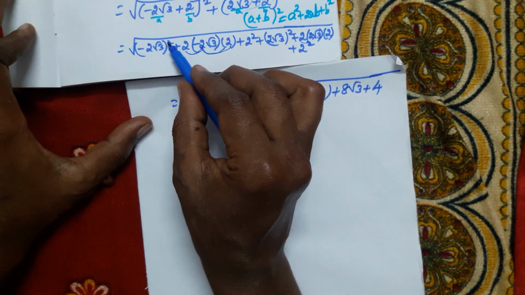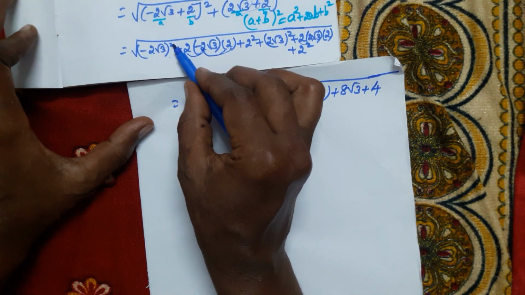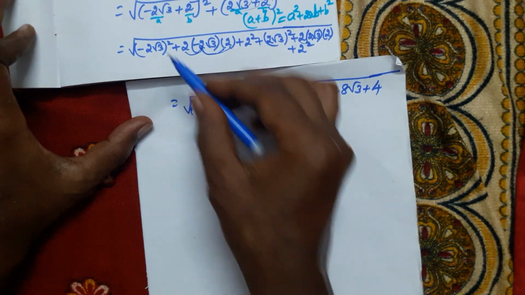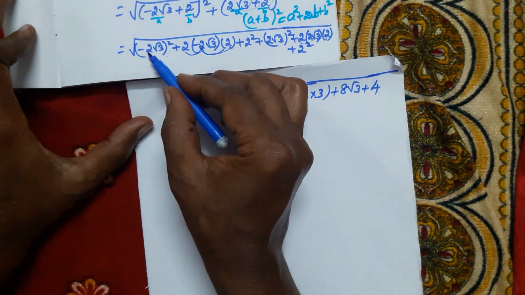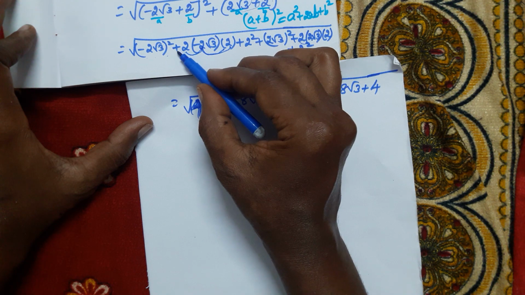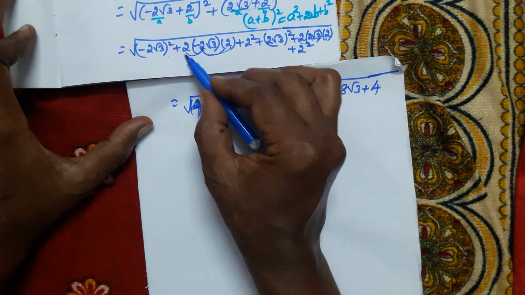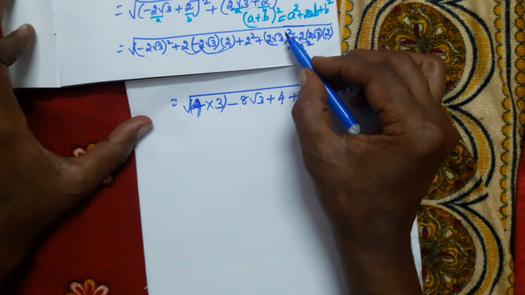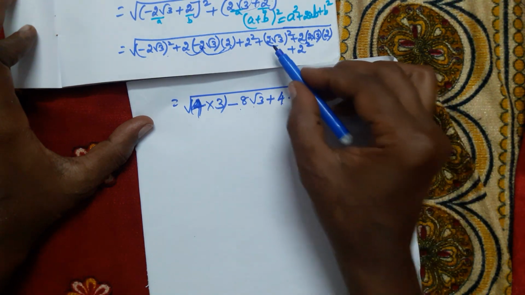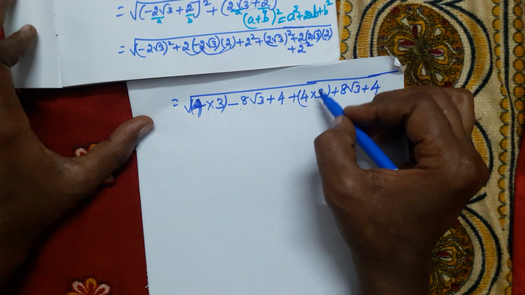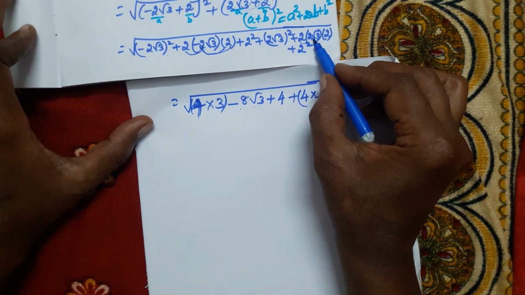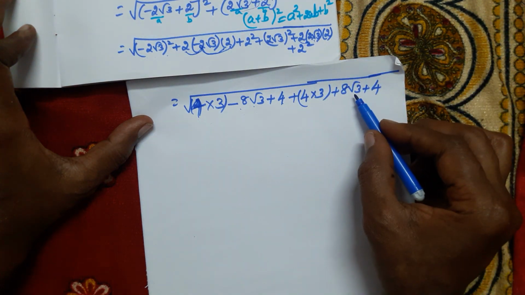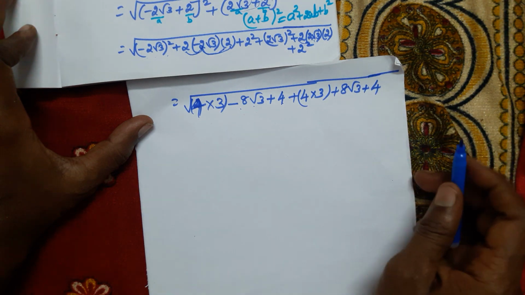Minus 2 root 3 the whole square means minus 2 the whole square is 4, root 3 the whole square is 3, so 4 into 3. Next plus into minus, minus 2 2's are 4, 4 2's are 8 root 3 plus 2 square is 4. Next here also 2 square is 4, root 3 the whole square is 3, 4 into 3. Next 2 2's are 4, 4 2's are 8, 8 root 3 plus 2 square is 4.